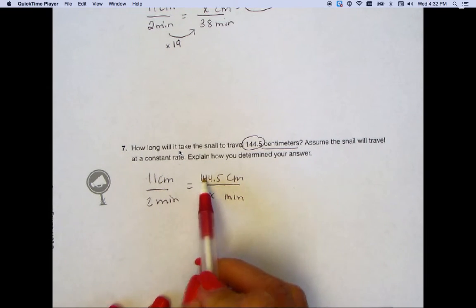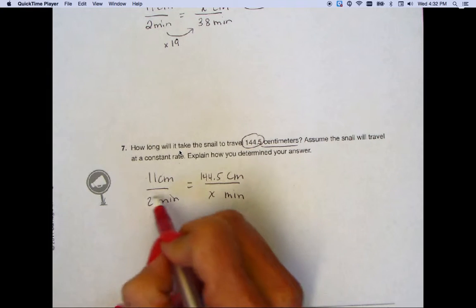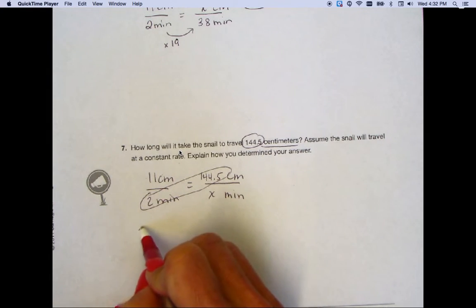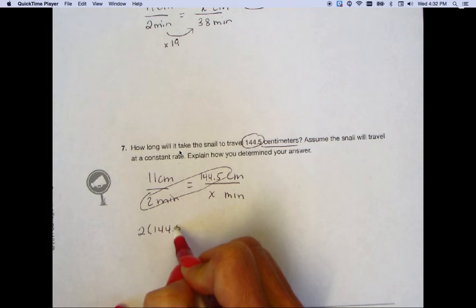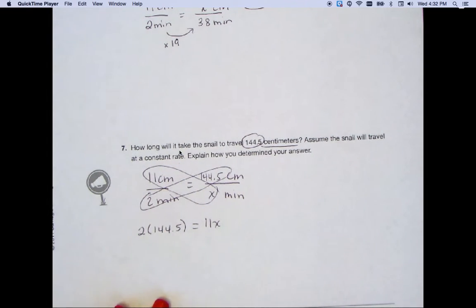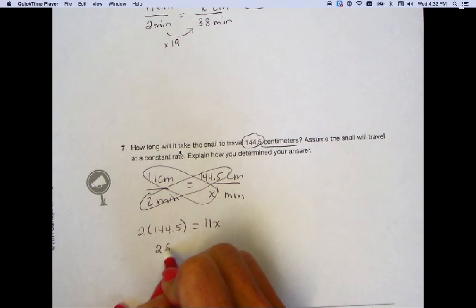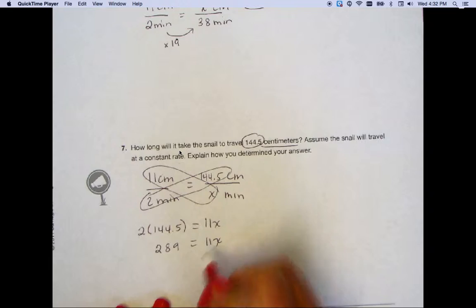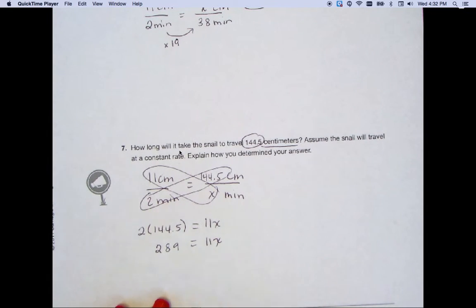Here I don't know how to scale this up very well, so now I am going to use means and extremes. 2 times 144.5 equals 11 times x. 144.5 times 2 is 289. That equals 11x.